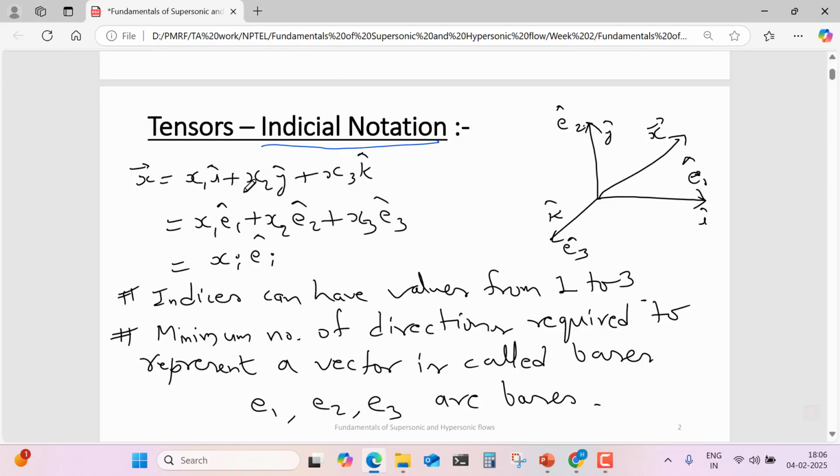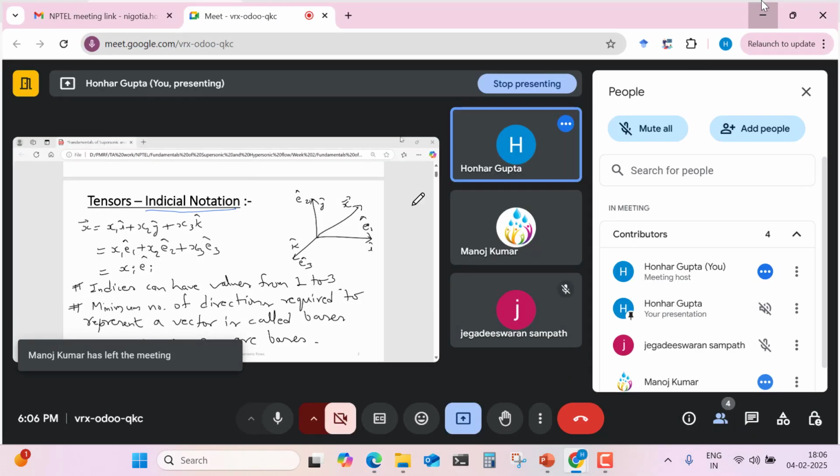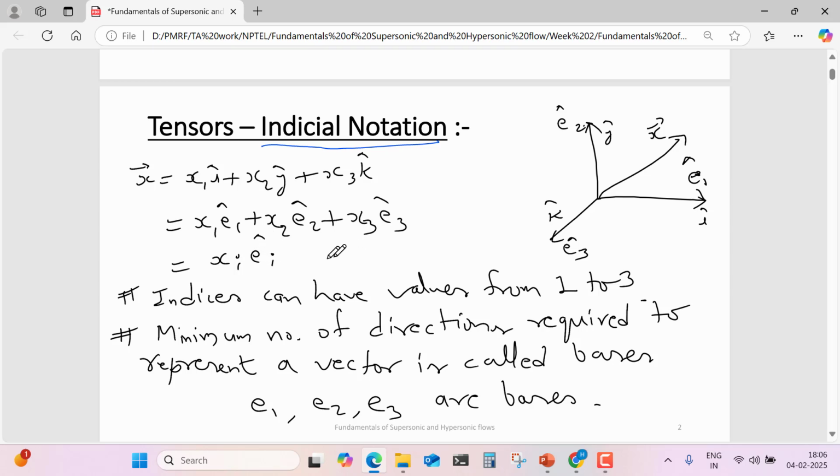We can write this vector using e1 cap, e2 cap and e3 cap as well, and simplify it as xi ei cap, where i goes from 1 to 3.